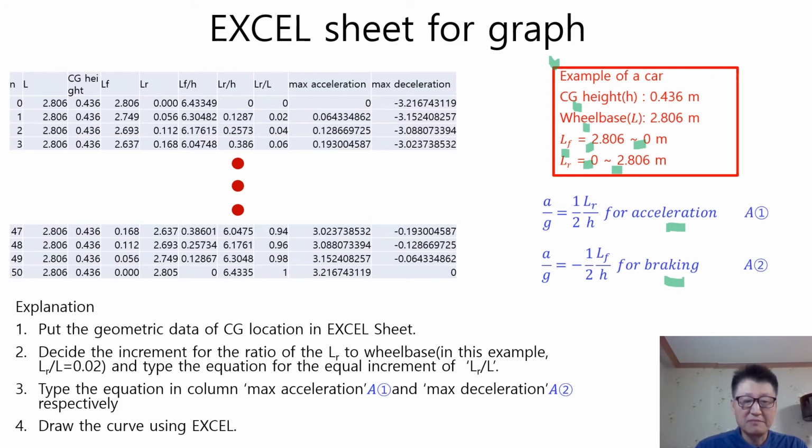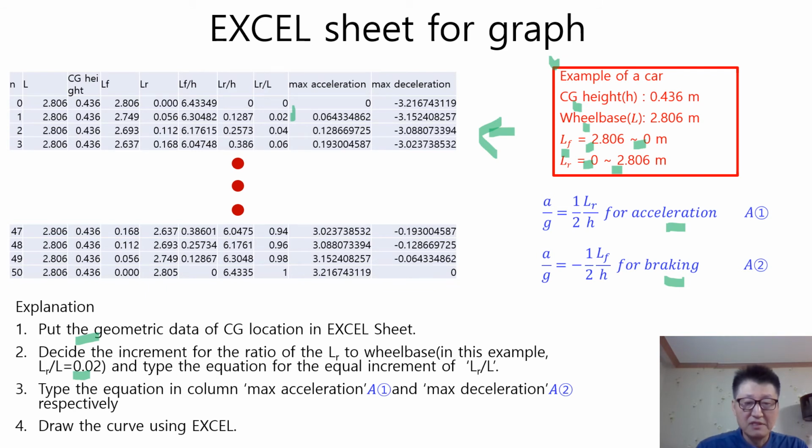In the first step, put the geometric data of CG location in the Excel sheet here, and decide the increment of the ratio of L sub r to wheelbase. In this example, this value is 0.02 here.